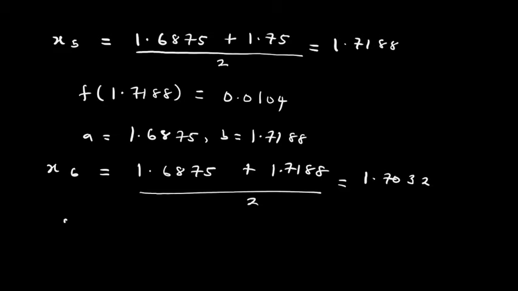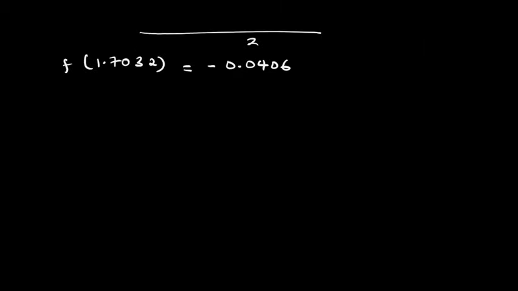So f of 1.7032 is equal to negative 0.0406.